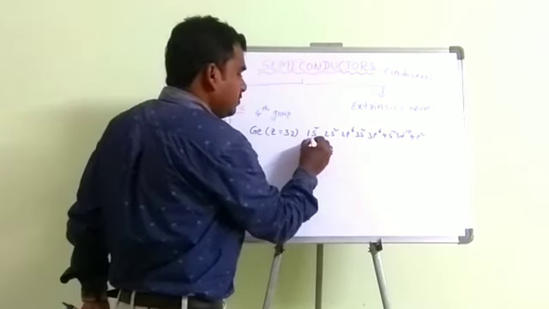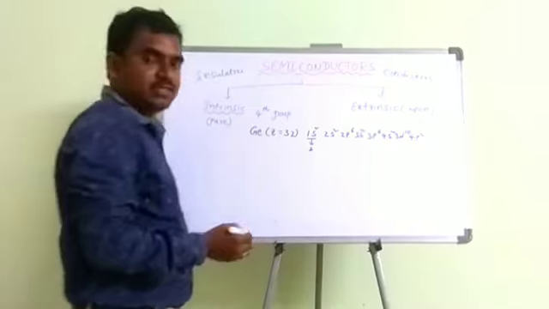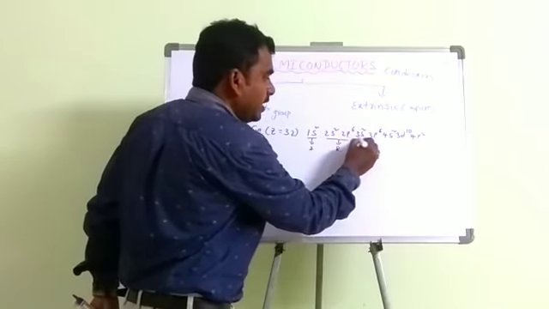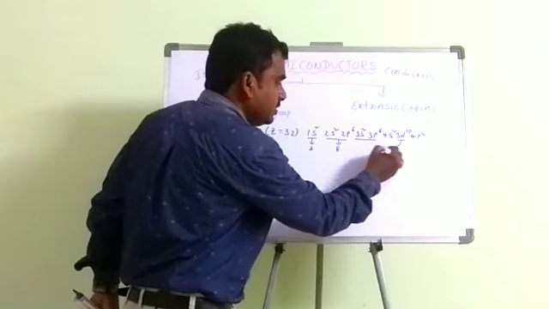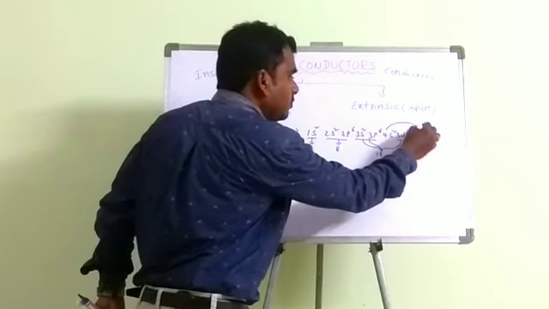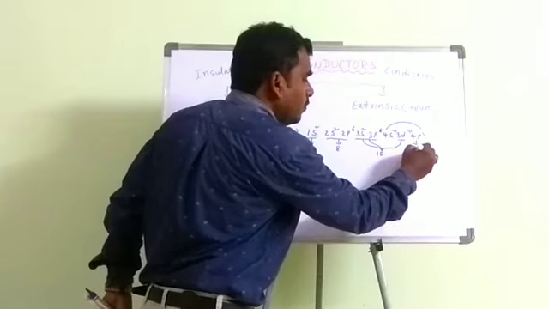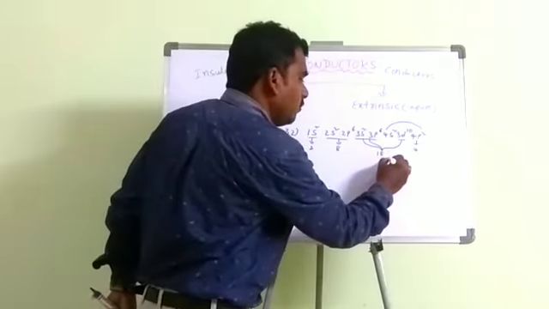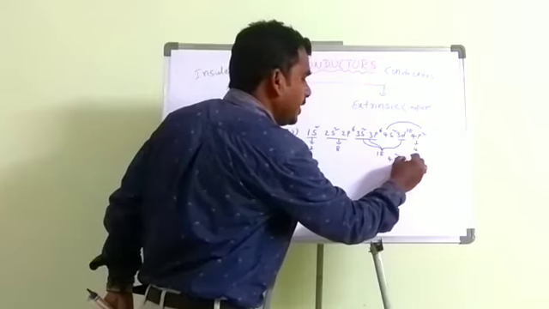That means in the n equals 1 state, 2 electrons are there. In n equals 2, 8 electrons. In n equals 3, 18 electrons. And in n equals 4, 4 electrons are there, which we may write as 4s2, 4p2.